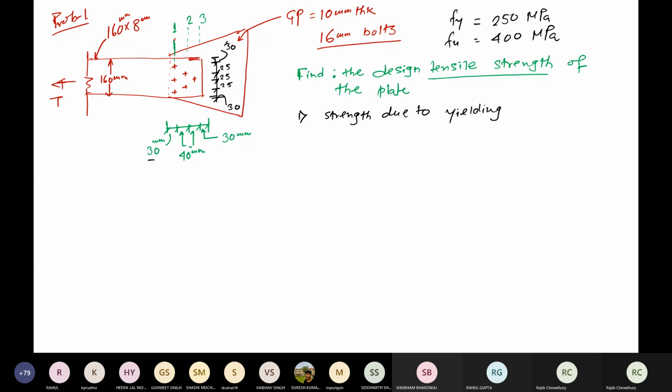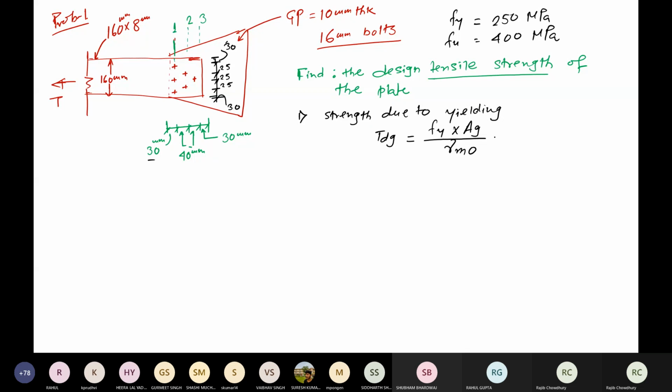Gross area times Fy over gamma m0. So TDG becomes Fy times Ag divided by gamma m0.